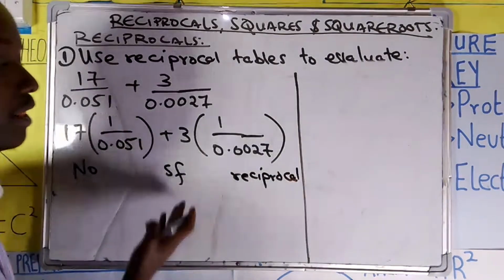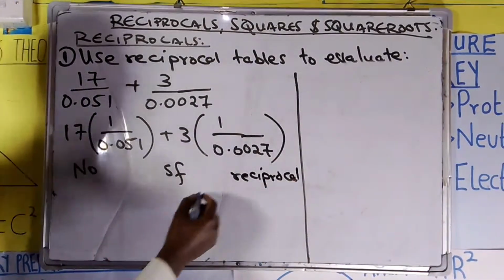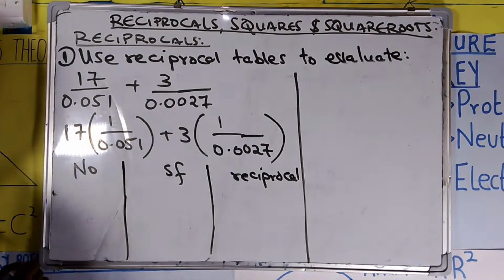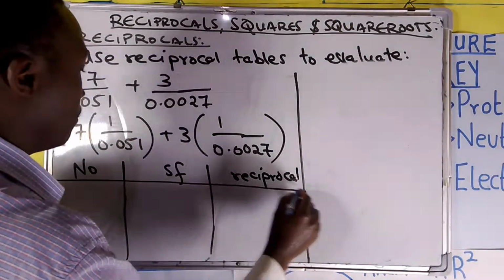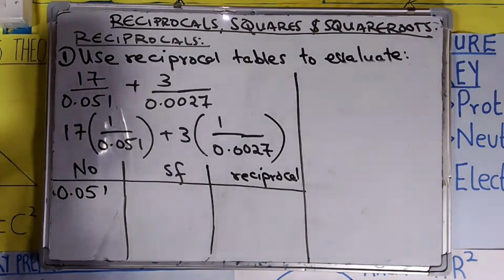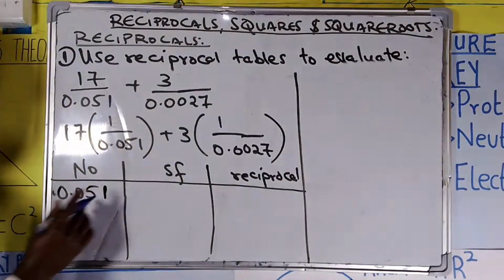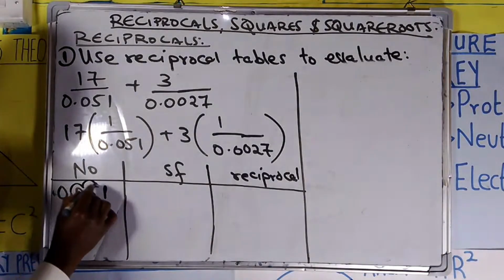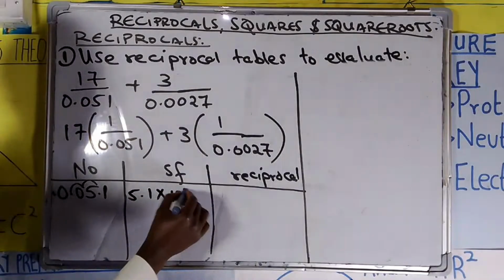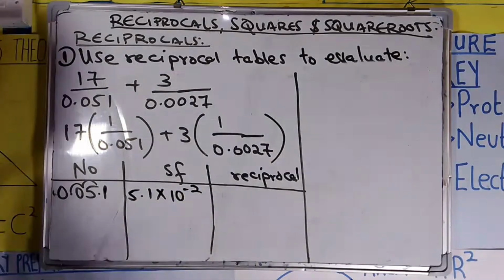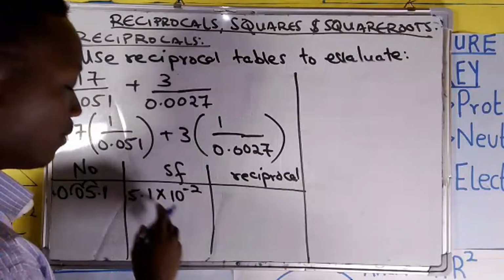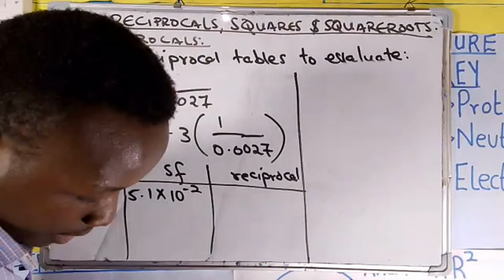I do love this table a lot because it tends to simplify things. Our number is 0.051. If we write it in standard form, it will be 5.1 times 10 to power negative 2. Then we find the reciprocal of 5.1.